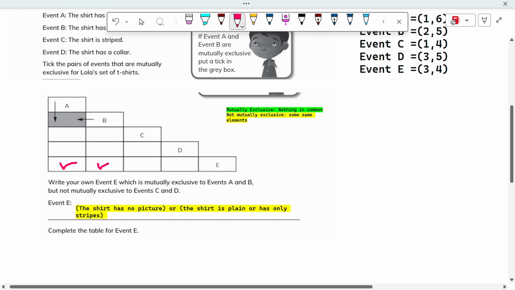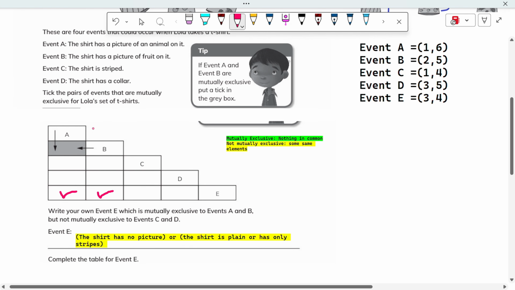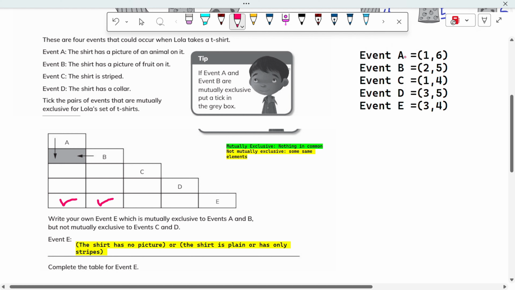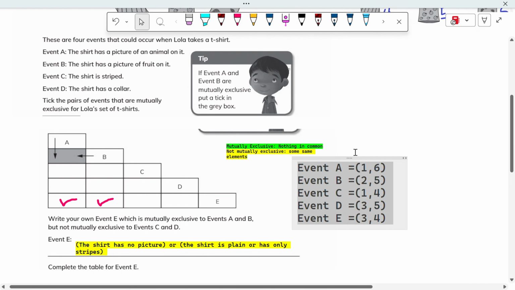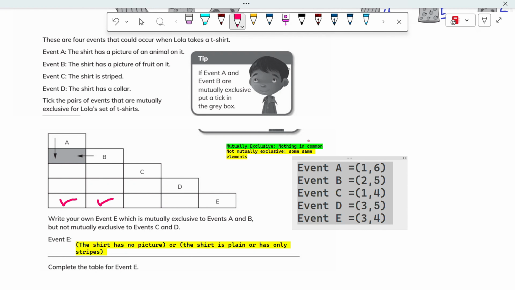Then event B and E. Now let's look at event A and B. Let me bring this close. I can see it now. Event A and event B, do they have any shirts in common? No. That means that event A and B are mutually exclusive.